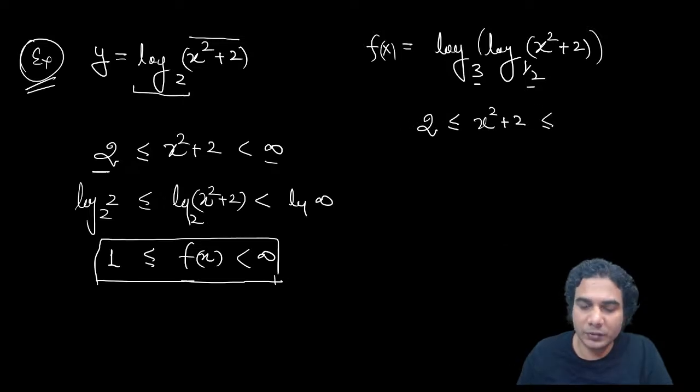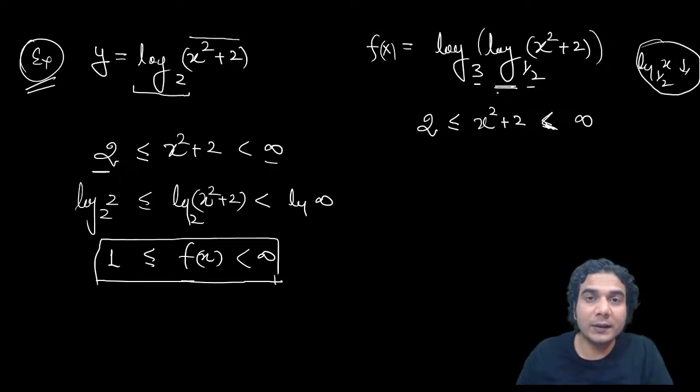I hope it is clear. There's no doubt about it. It goes to infinity, and infinity is open always. Now we need to put the second function, which is log at base 1 by 2. But log at base 1 by 2 is a decreasing function. I just told you, if the base is less than 1, then it is a decreasing function. So put that log, but because it's a decreasing function, you need to change the inequality.